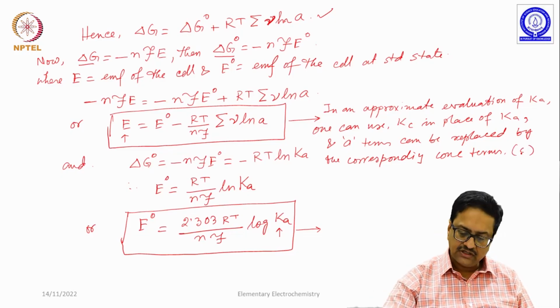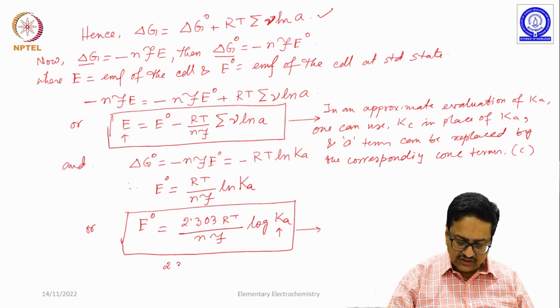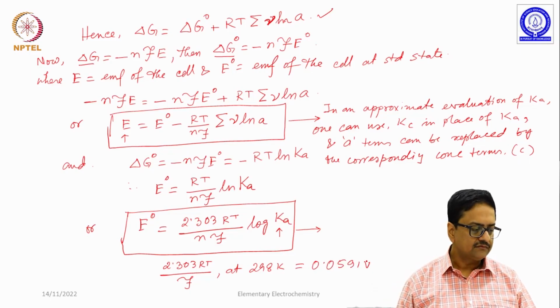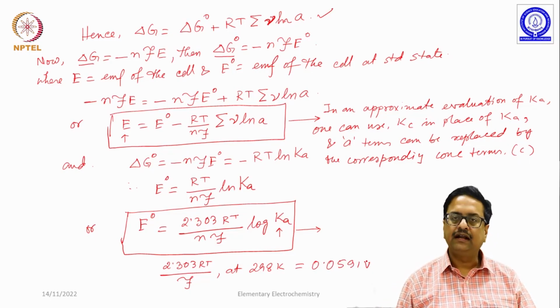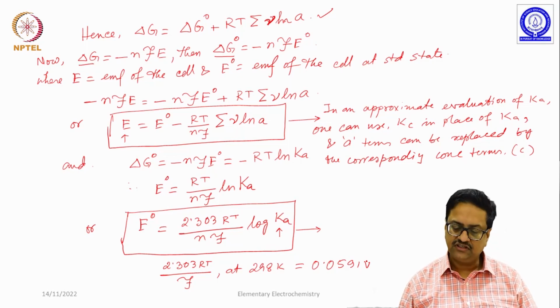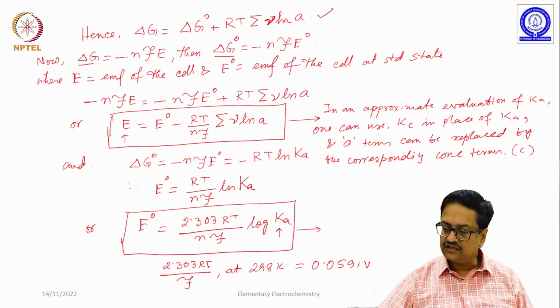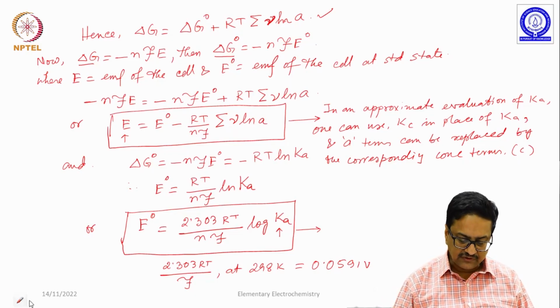So now if you try to evaluate this 2.303 RT by F at 298 Kelvin, this turns out to be 0.0591 volts. Taking the Faraday number as 96500, R in its standard unit, and temperature in Kelvin, one can evaluate the value of this constant as 0.0591 volts.